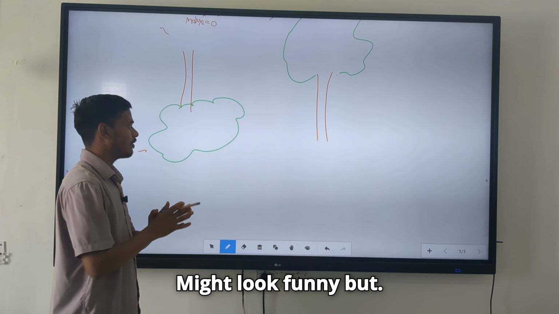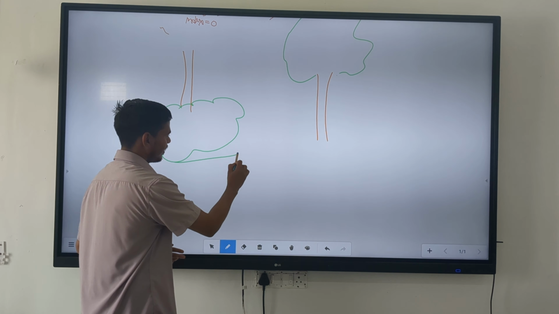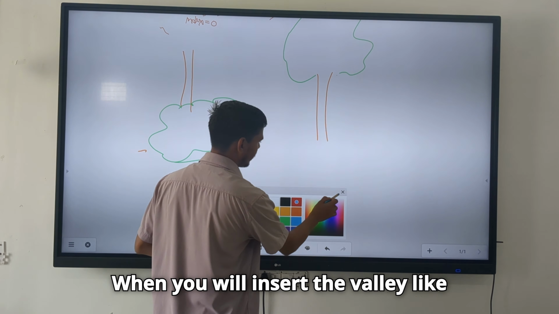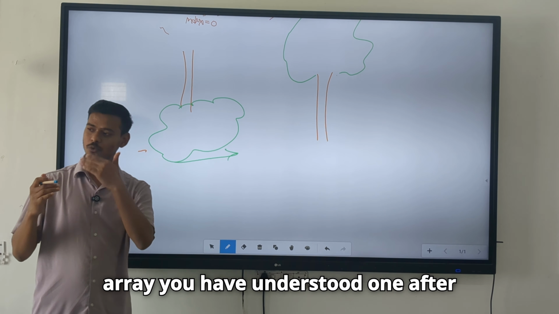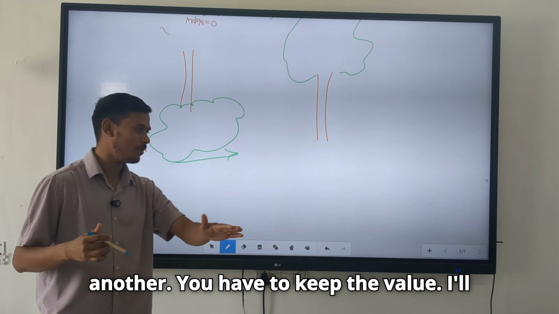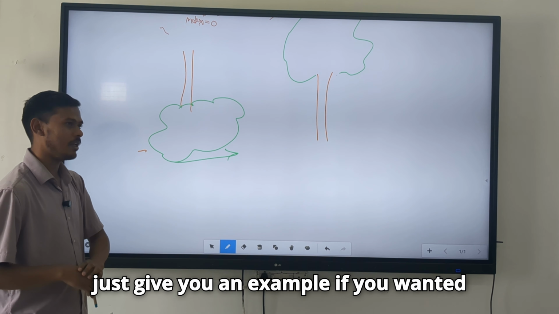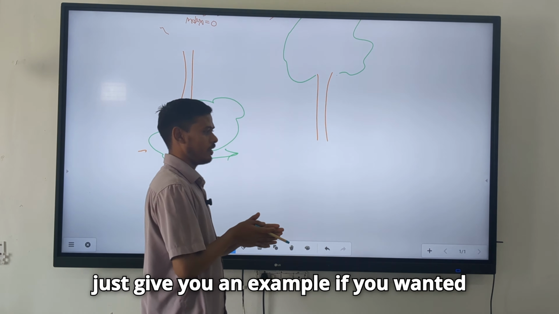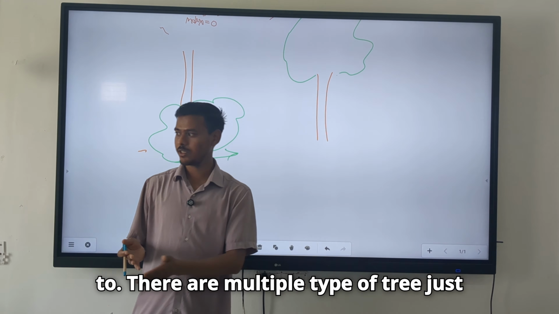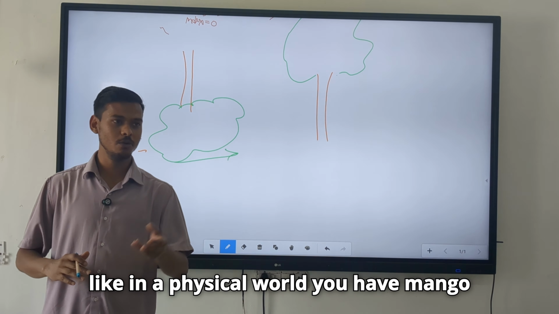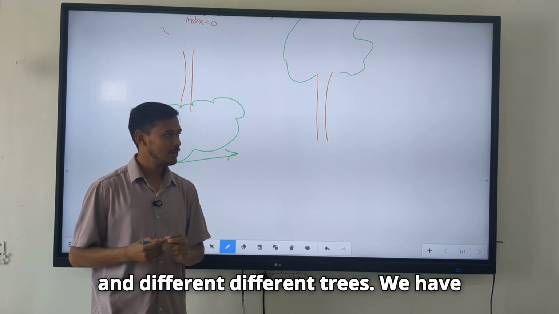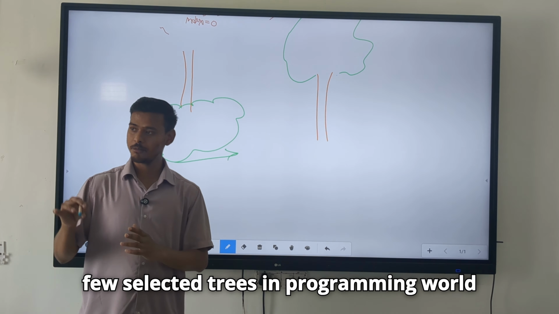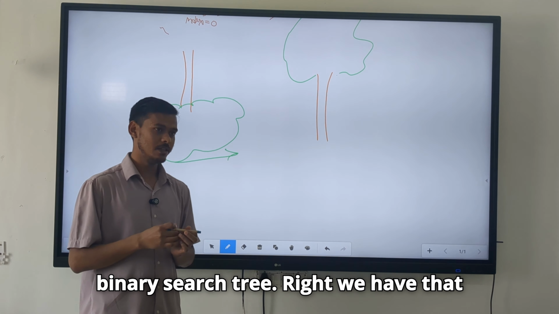It might look funny, but when you insert values, unlike an array where you keep the values one after another, there are multiple types of trees. Just like in the physical world you have mango and different trees, we have a few selected trees in the programming world, like the binary search tree.